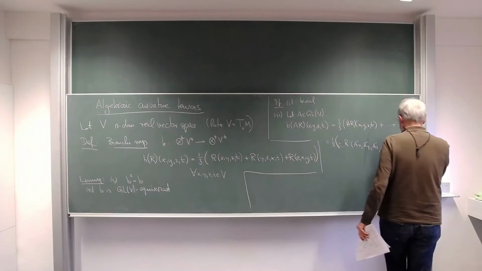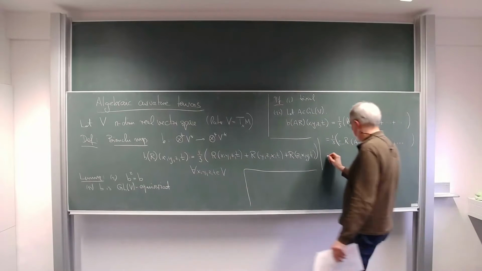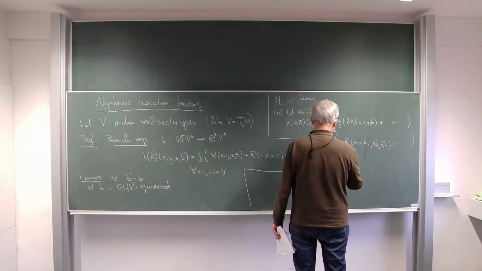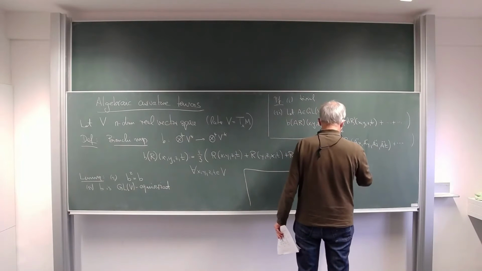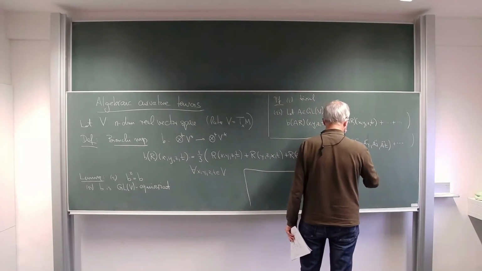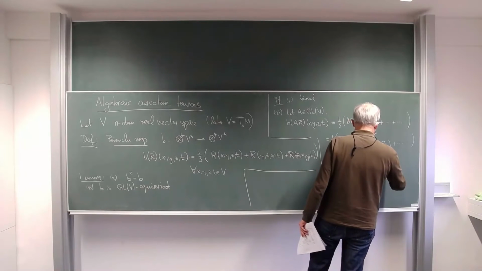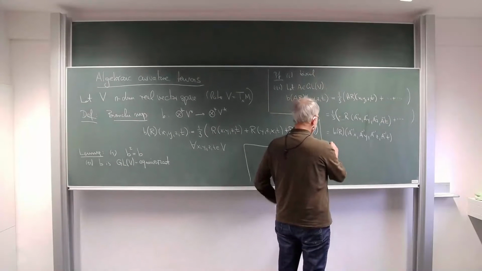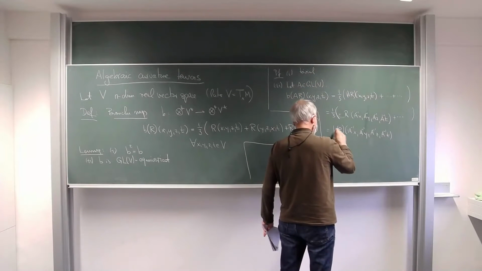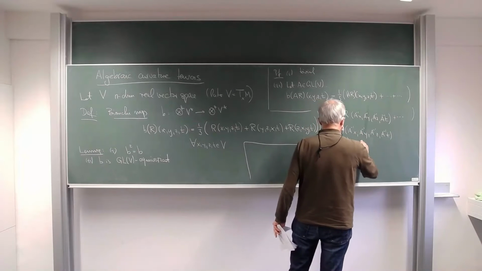And here there's the other three terms. Okay? And now of course we see that this is nothing but VR of R applied to these 4 vectors. Which is then nothing but A acting on B of R applied to the original vectors.